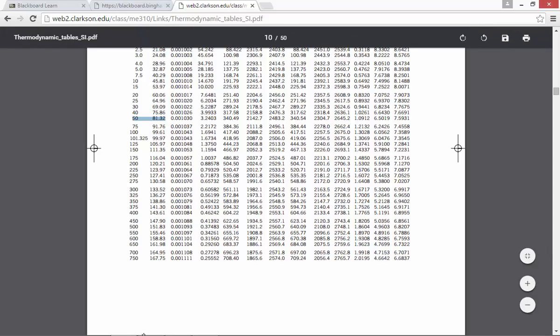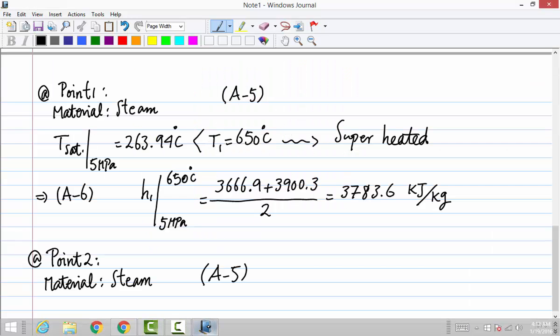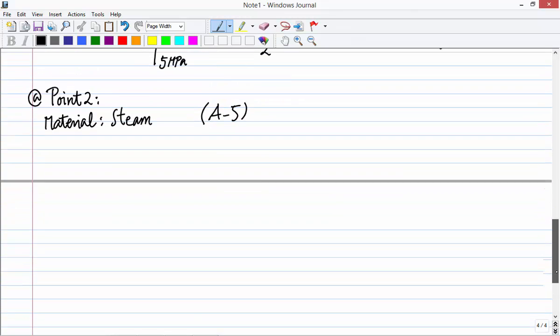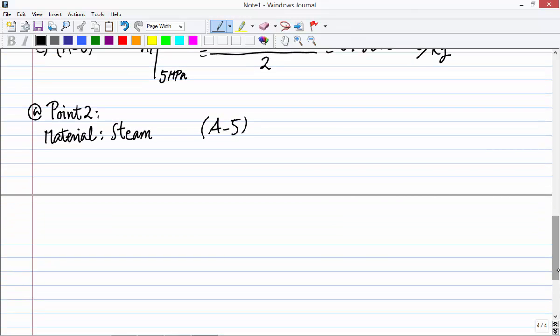So again, it means that our hero, the steam, which has done work and gave us 8 megawatt, is superheated. I'm just trying to prevent you from getting bored.